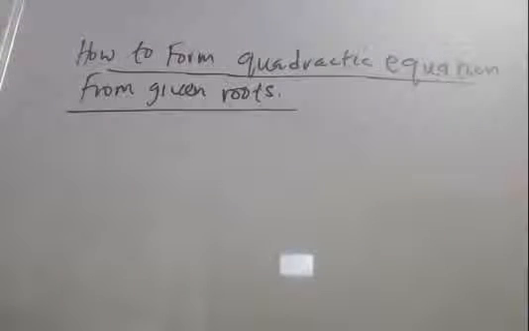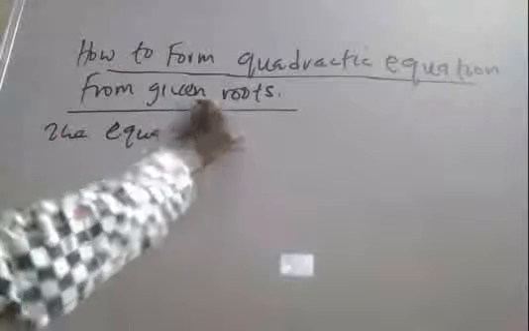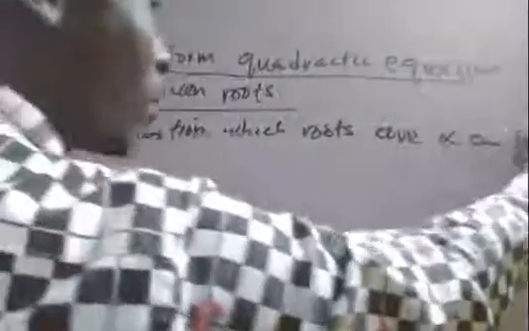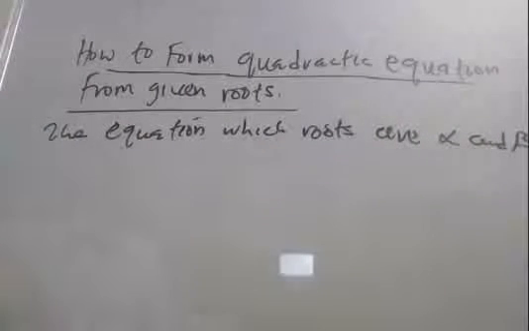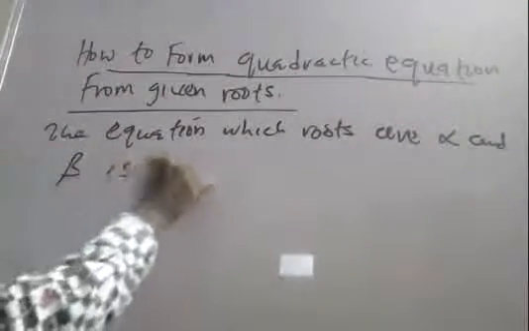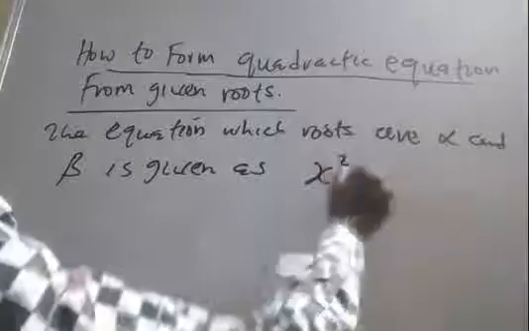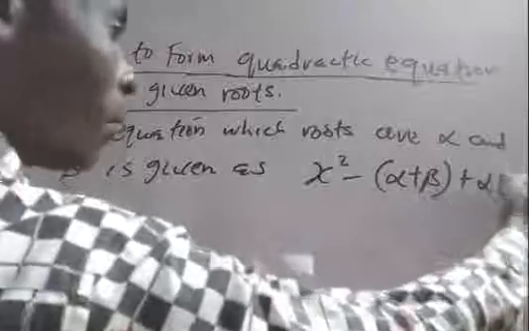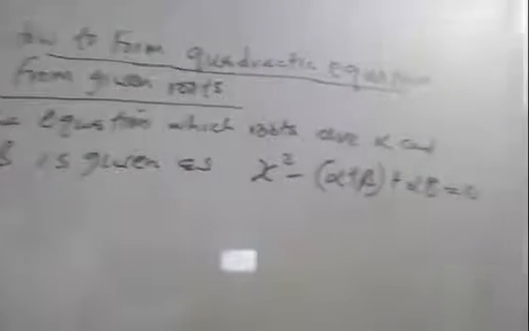Generally, the equation whose roots are alpha and beta is given as x squared minus (alpha plus beta)x plus alpha beta is equal to 0.